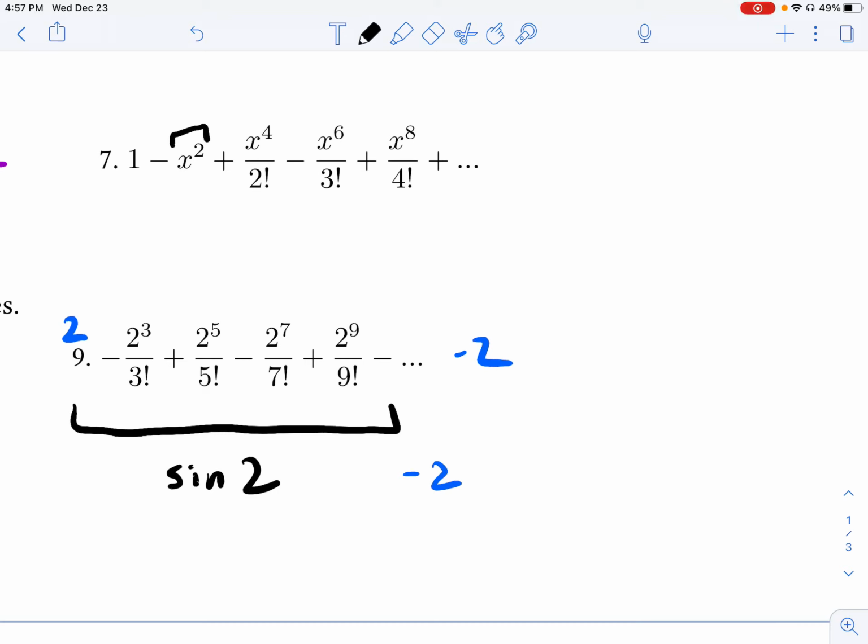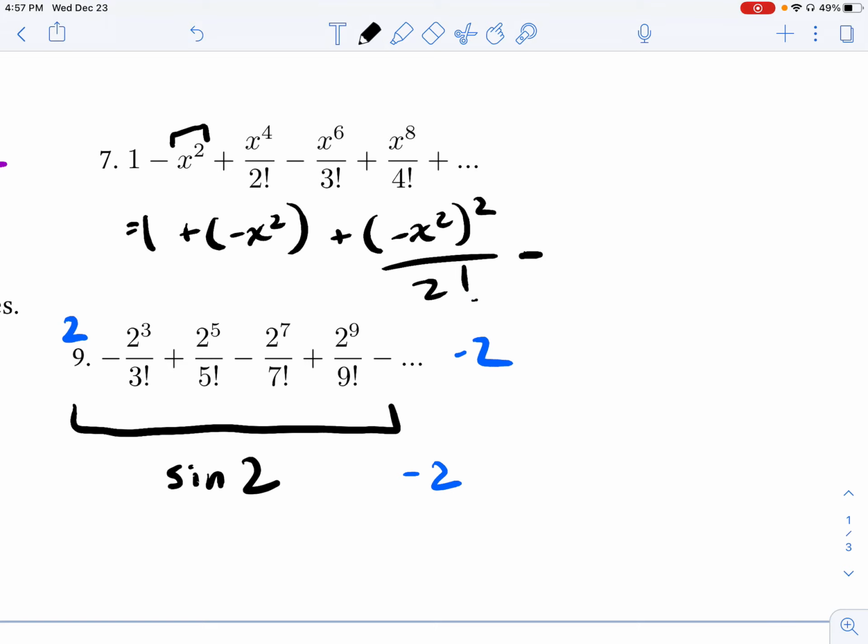So in other words, I would write this as 1 plus negative x squared plus negative x squared squared over 2 factorial minus negative x squared to the third power over 3 factorial, and so on. All of this is simply the e to the x function evaluated at negative x squared.